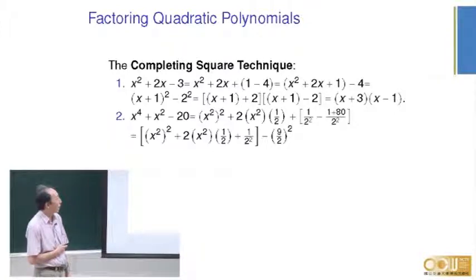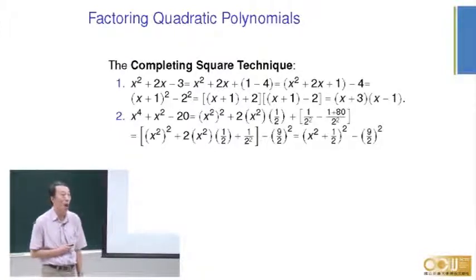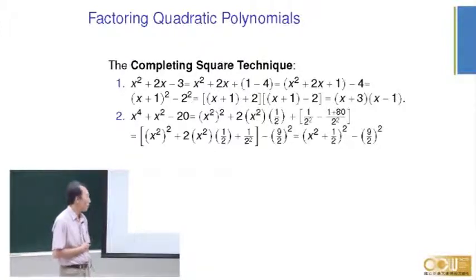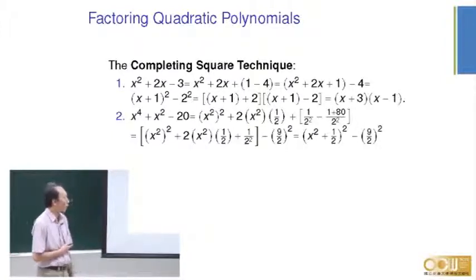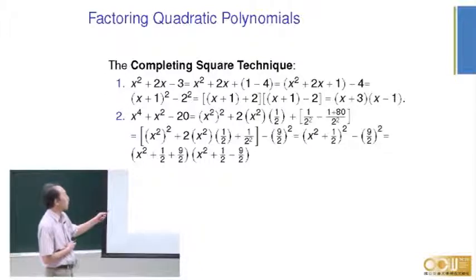Okay, and that's okay. So now it becomes a difference of 2 square quantities. So I'm going to use that a squared minus b squared to factorize that into a plus b times a minus b, and which becomes this.